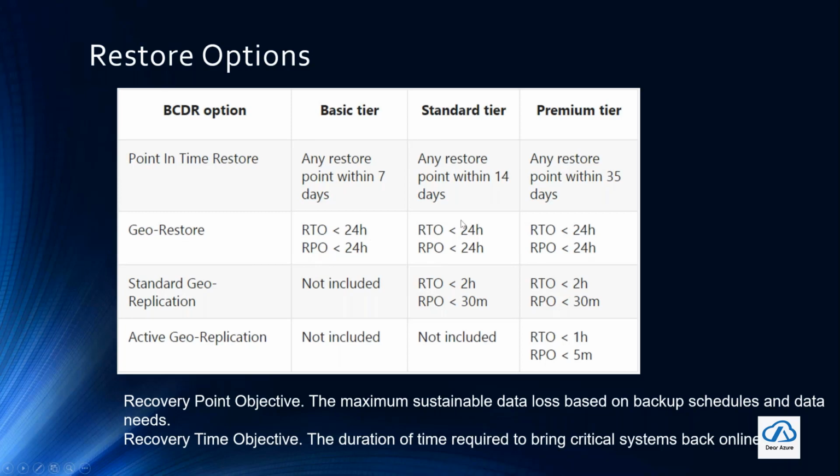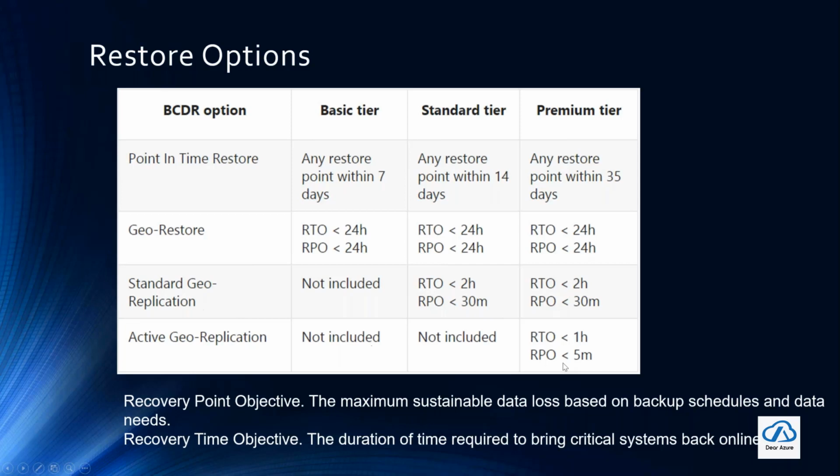With geo restore, it's 24 hours, the same across all available tiers. With standard geo replication, we have a recovery time objective of 2 hours, so we make sure your application comes back online within 2 hours, and the data loss will be minimal, no greater than 30 minutes.